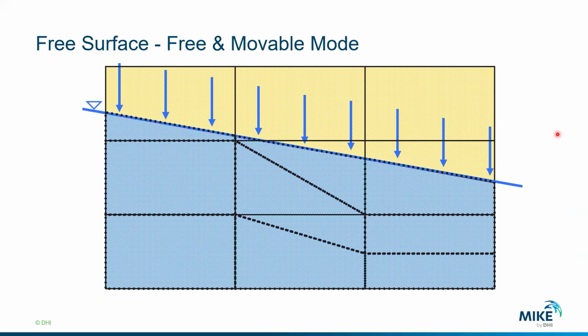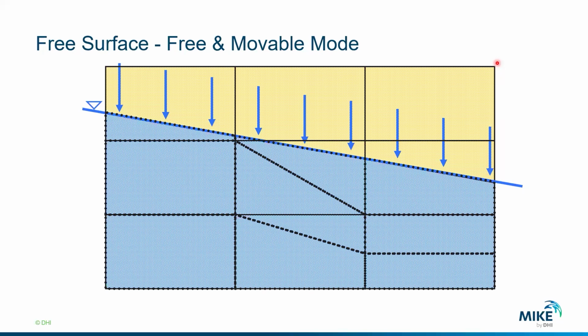The second option is called free and movable. As the name says, free and movable because the layers will move. In FEFLOW, the surfaces which define a layer are called slices.